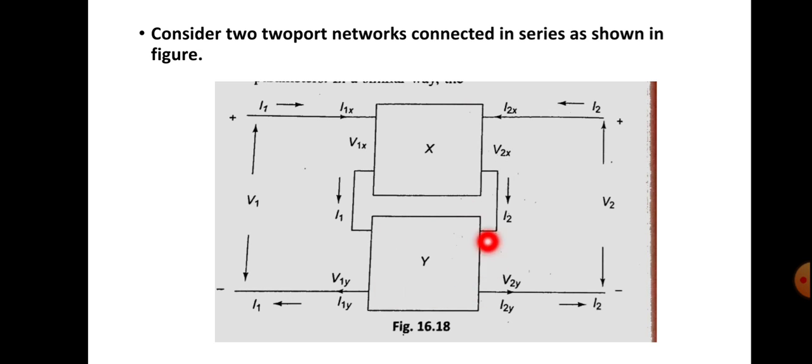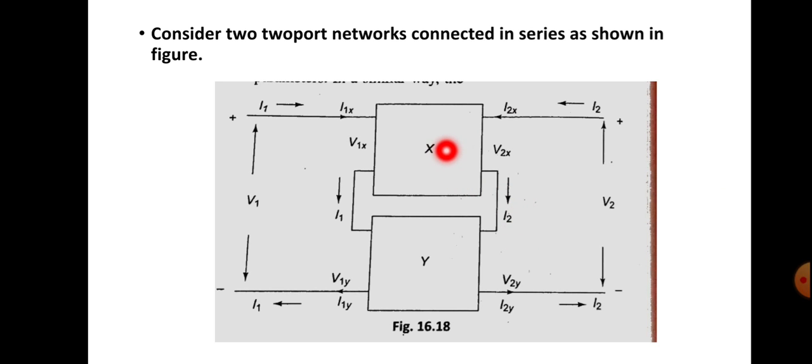In the case of the Y network, the input node is this one, and for the reference node, we are taking someone as the reference node, let this be the reference node. And similarly for the output of the Y network, there will be some reference node, and the reference node is this. For series connecting two-port networks, we are interconnecting the reference nodes of each network.